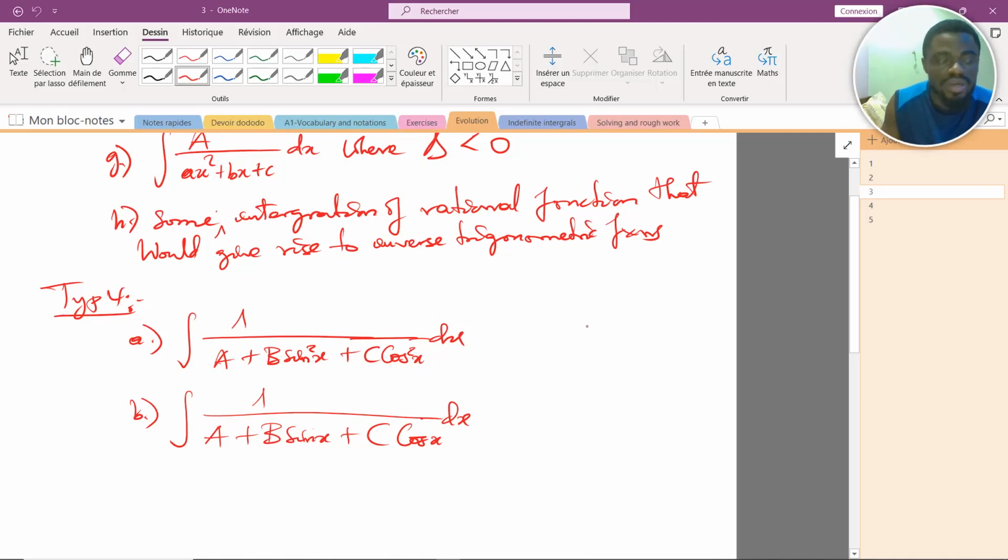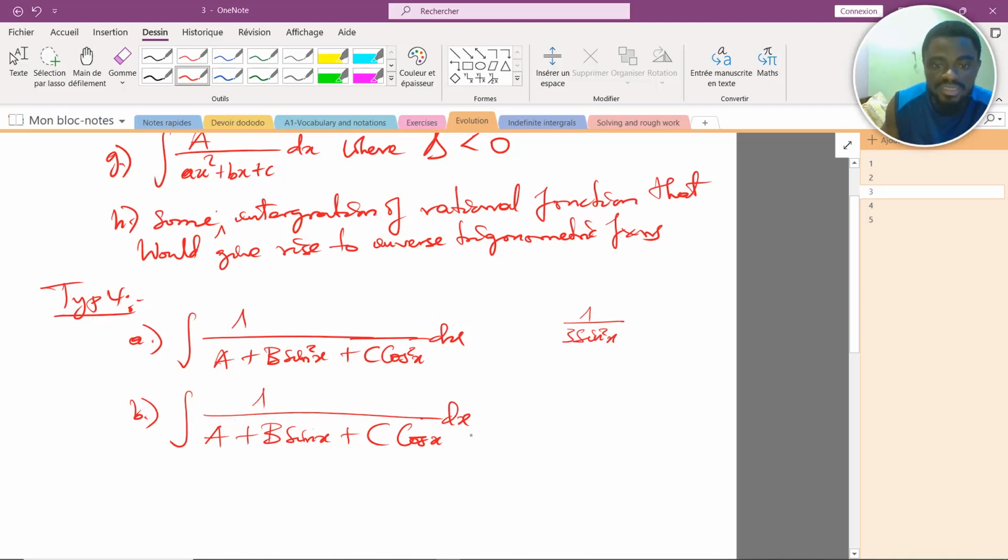That is, if you are asked, for example, to integrate things like 1 all over, let's say, sine square x or 3 sine square x, how are you going to proceed to integrate this? Yes, here we shall end on this type 4 by looking at this last subtype, which is 1 all over a plus b sine x plus c cos x.